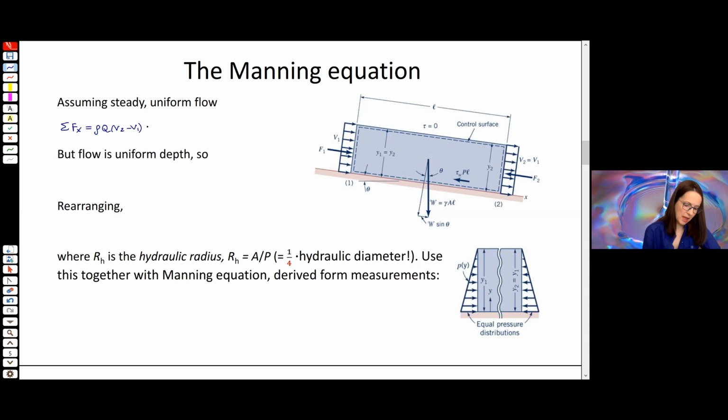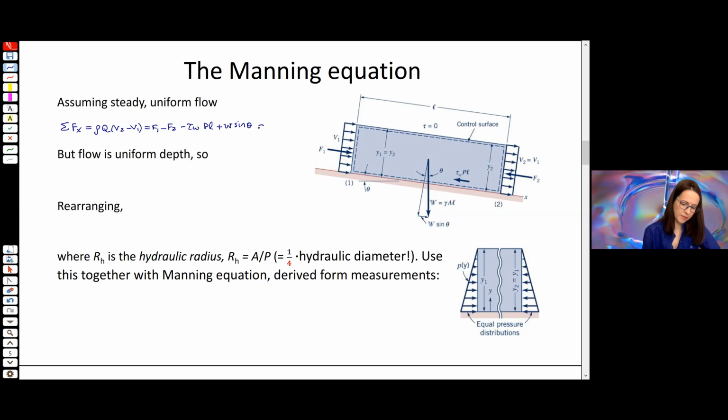Right? And that's going to be equal to the forces acting on the control volume in the x direction. All right, so this is what we have.